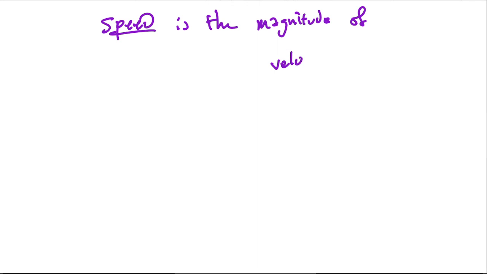Let's put this in purple. So speed is the magnitude of velocity. So remember, velocity is speed with a direction. So I could say our speed is 5 miles per hour, right?